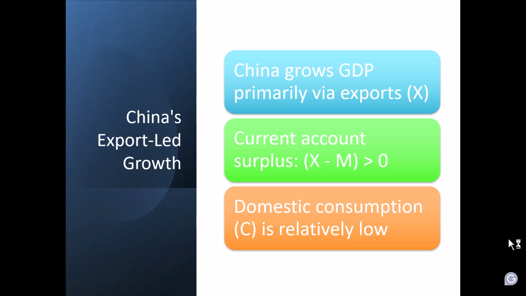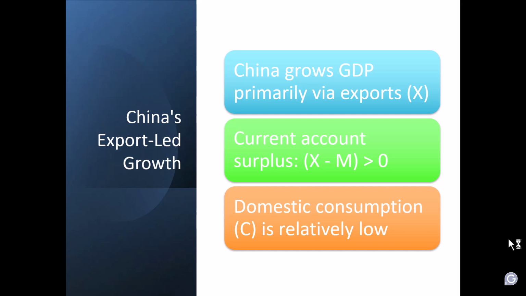But the focus here is China grows fundamentally through exports, the X. Now, the X is a trade variable. If they're growing through exports, somebody has got to be buying it. They're trading partners. So when we look at this export-led growth, we have to remember there's another component associated with it: if China is exporting a lot, somebody has to be buying it.